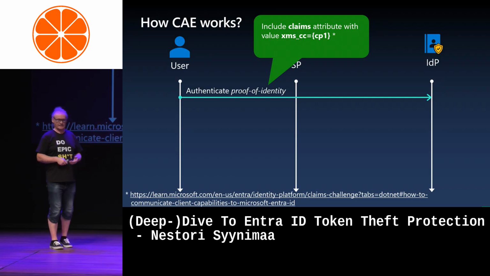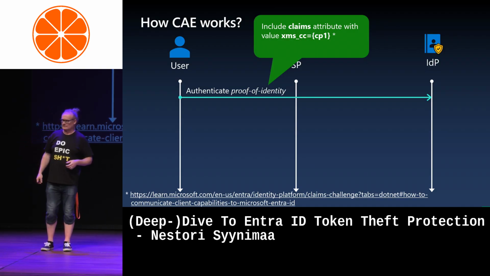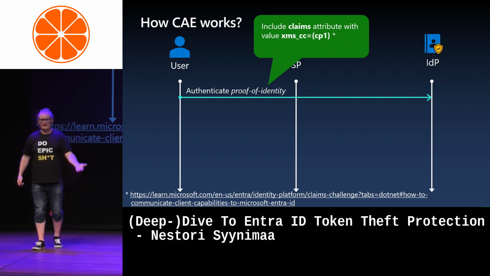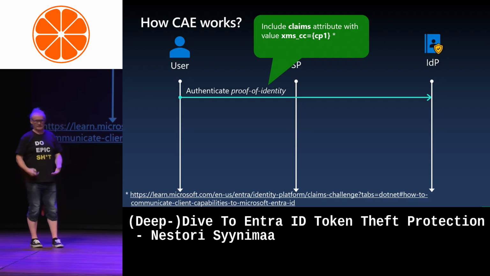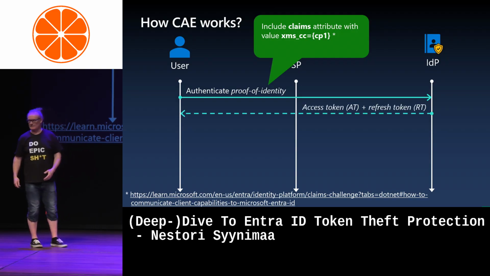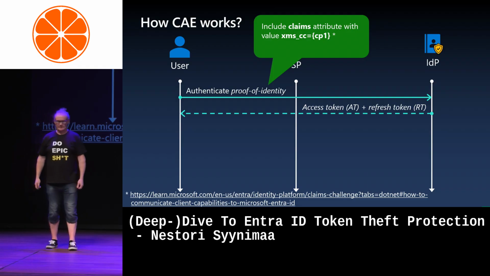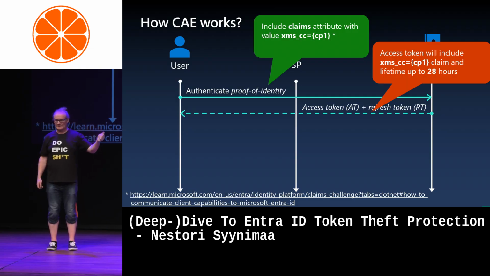So like username equals Nestori, and then XMS_CC equals CP1. That's capability 1, don't ask. And now when Entra gets that, it thinks that the client supports that. Now what happens is that you will get the access token and refresh token, but instead of the 1 hour validity, it's now valid up to 28 hours if the client really supports that.